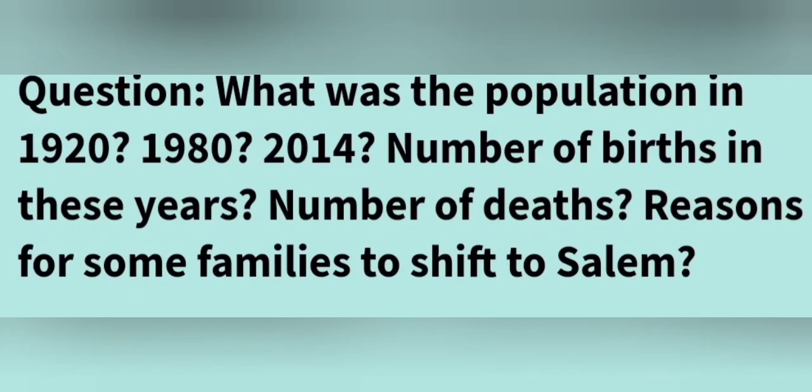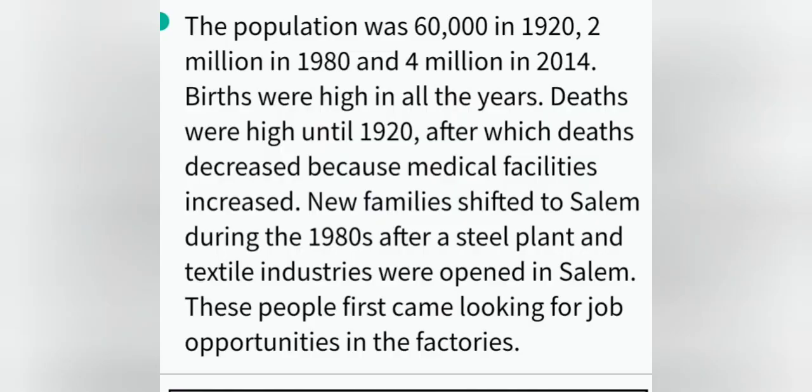So the question is, what was the population in 1920, 1980, 2014, number of births in these years, number of deaths, reasons for some families to shift to Salem. Let's discuss. So children, the population was 60,000 in 1920, 2 million in 1980 and 4 million in 2014.